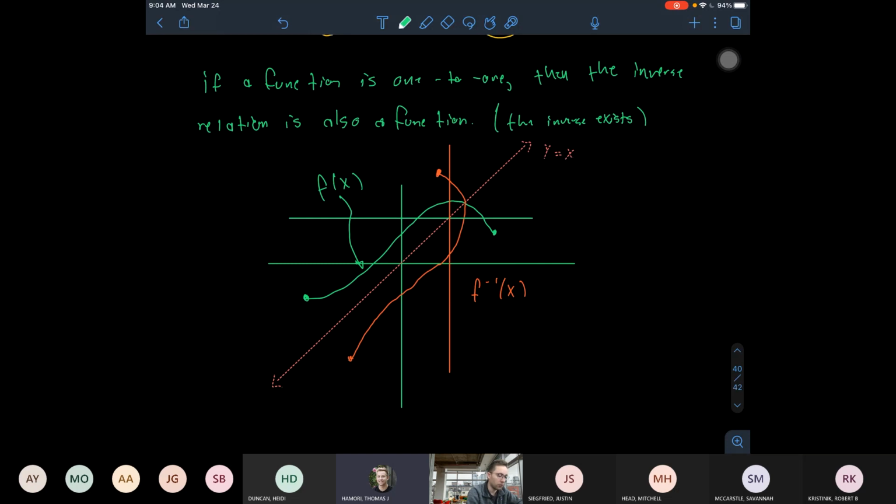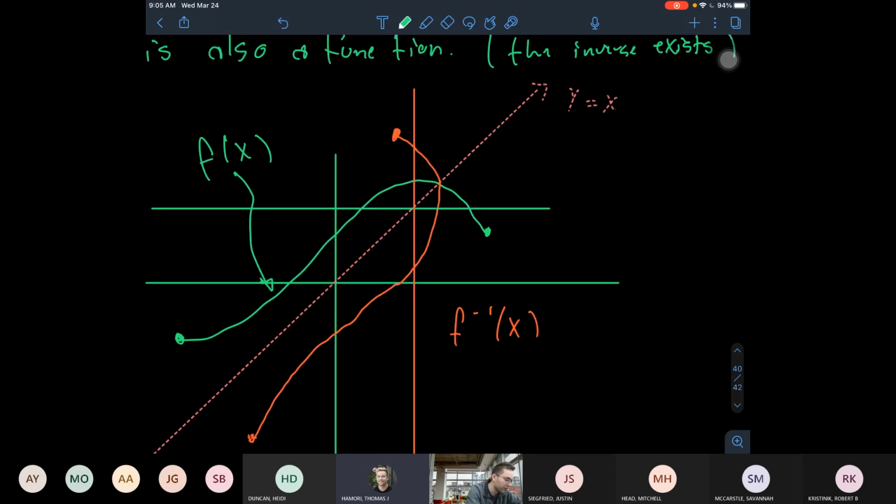So this is why we care about one-to-oneness. Because the idea is I want to define a relationship where you give me an input and I give you an output, and then you would like to give me an output and I give you back the input.